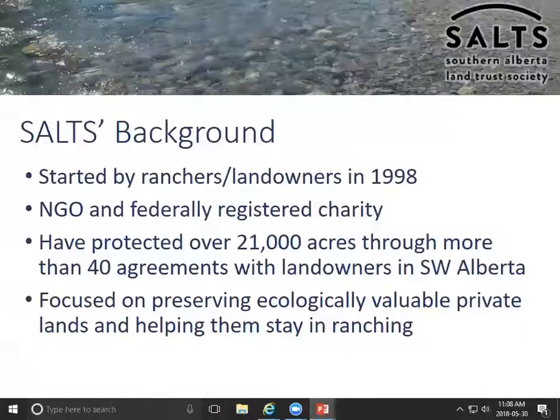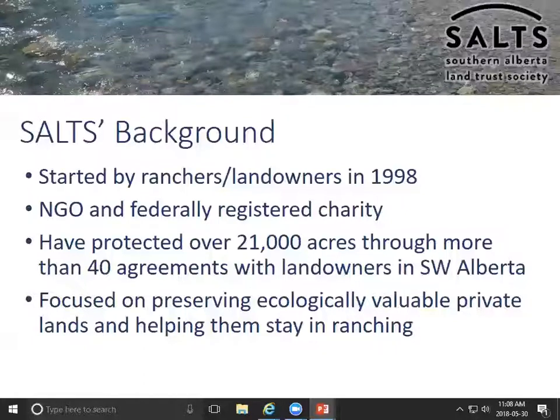And so back when the federal government put in place early rules around ecological gifts and receiving some charitable receipts for ecological gifts, a group of ranchers in the Pincher Creek, right up the Longview area, started the organization, and it's been growing ever since. We're a nonprofit organization, obviously, and we're a federally registered charity. And since we started 20 years ago, we have put conservation easements on over 21,000 acres through more than 40 different voluntary agreements with landowners in Southwest Alberta.